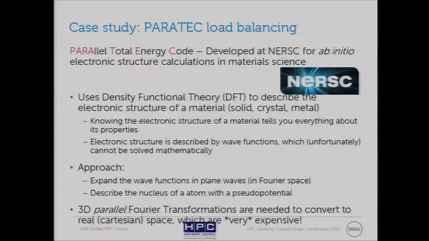And with plane waves, then the wave functions are expressed in Fourier space, but you also have to convert to Cartesian coordinates. So you have to do an FFT, and you also have to transfer your data, because you need to change your grid, and then each processor needs to send its data to a different core, so you need to do an all-to-all type of communication.